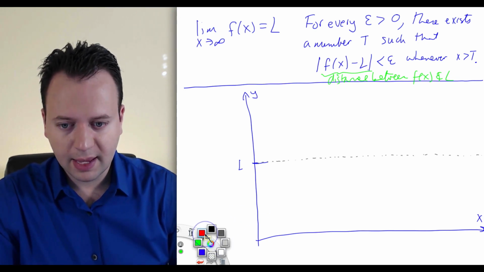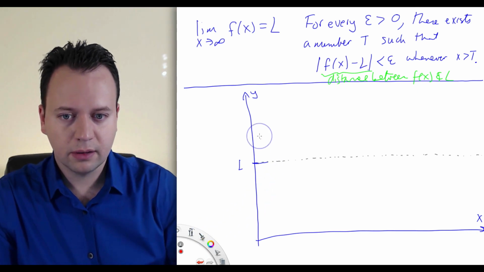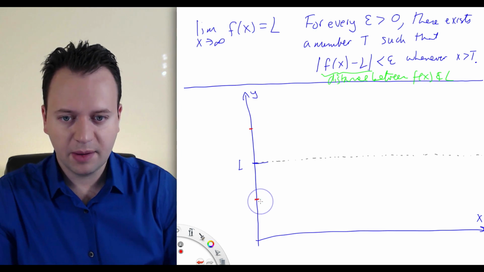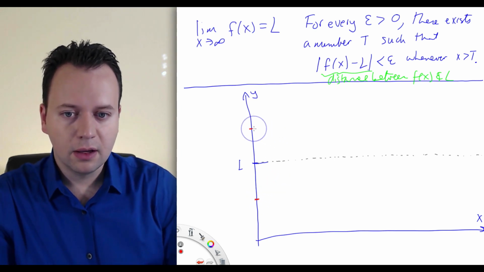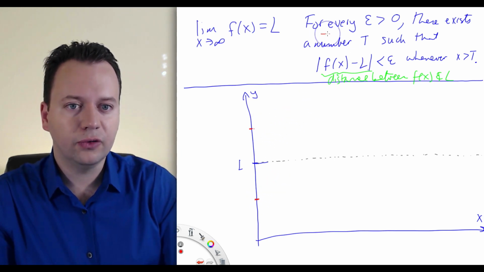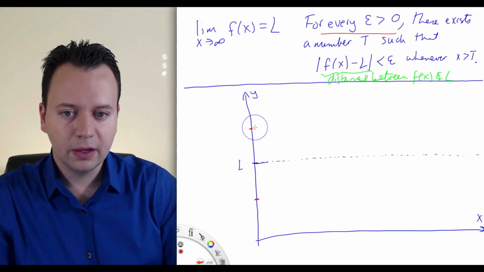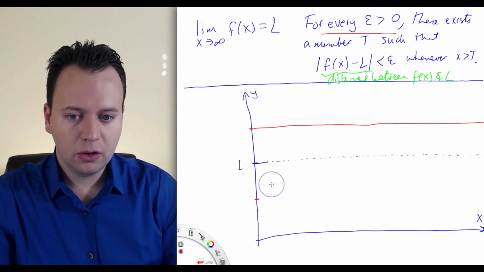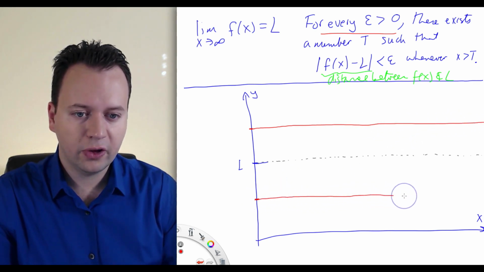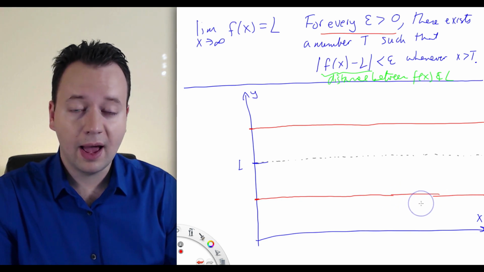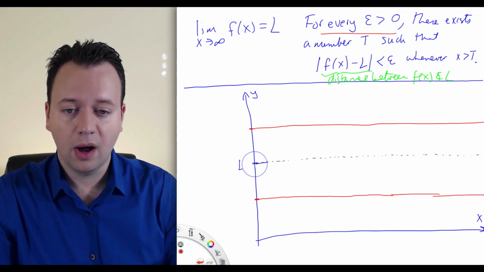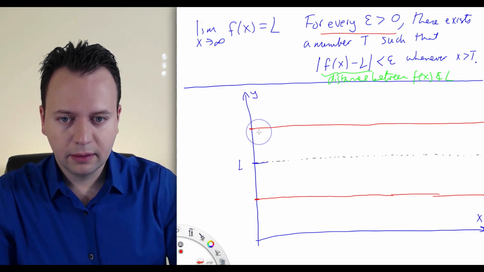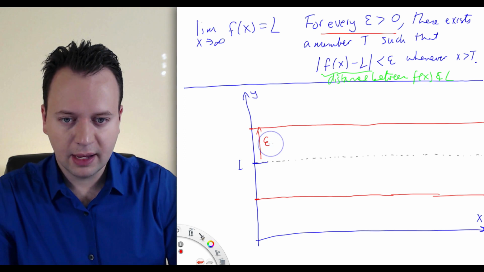So, for example, let's start with an example, maybe epsilon's equal to 1, right? Because this statement has to hold for every positive number epsilon. So for epsilon equals 1, we can draw a horizontal tube around the line y is equal to L. And let me call this length epsilon 1.